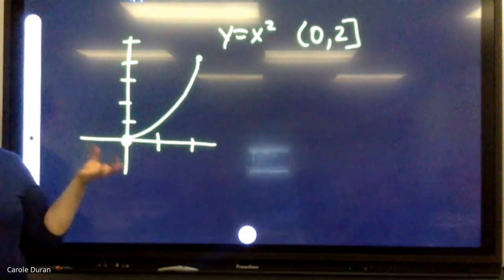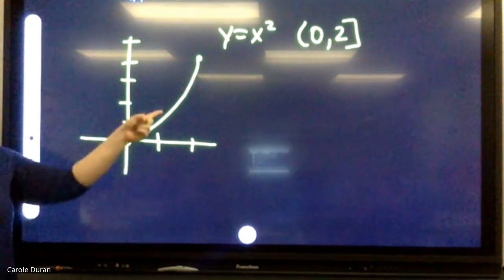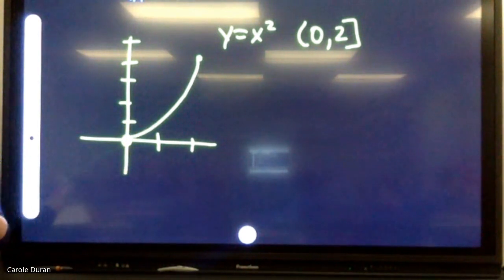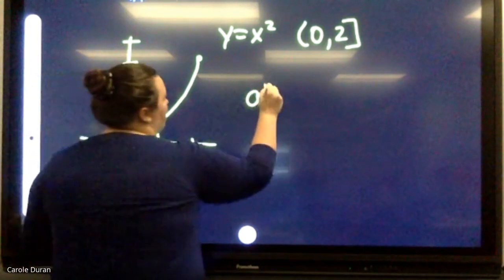There technically would be no absolute minimum because I can get infinitely close to 0, which means I'm going to have infinitely low points, but I'm never going to reach one lowest point, because there's no number that is directly next to 0. We can always get infinitely closer. We could say there's a relative one if we were approximating, but it wouldn't be good enough. So this would have an absolute max.